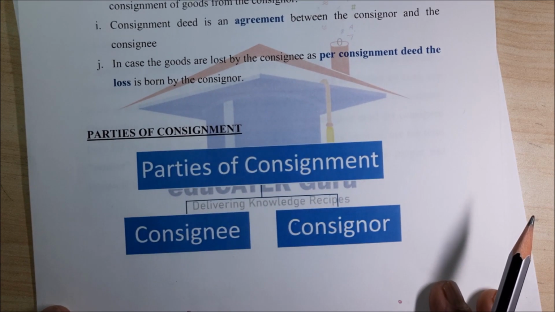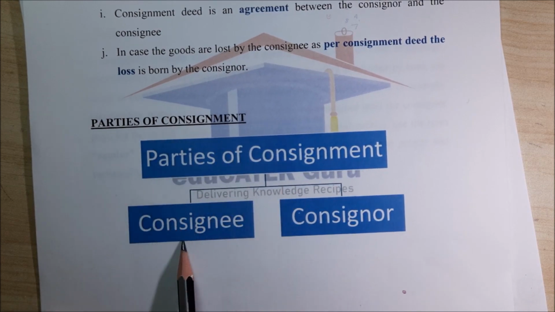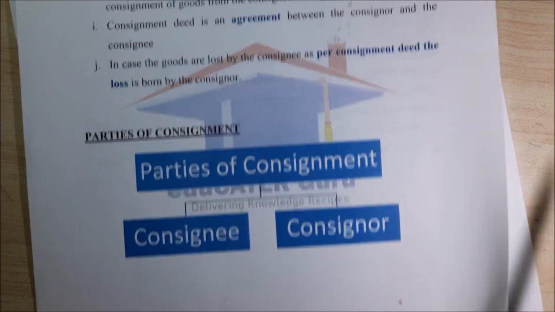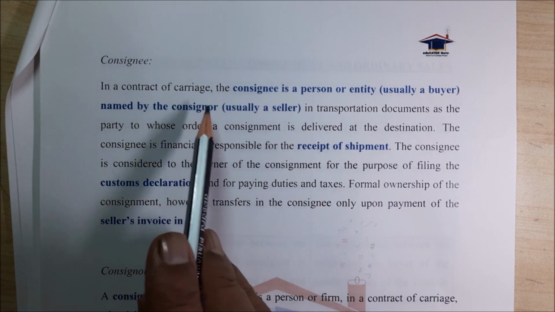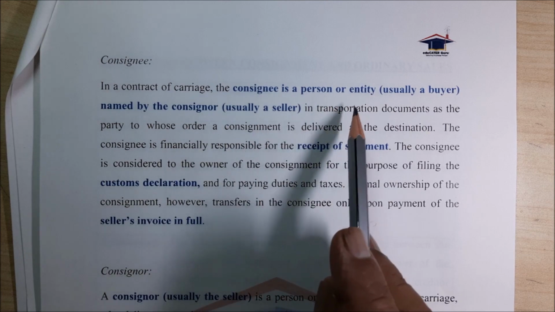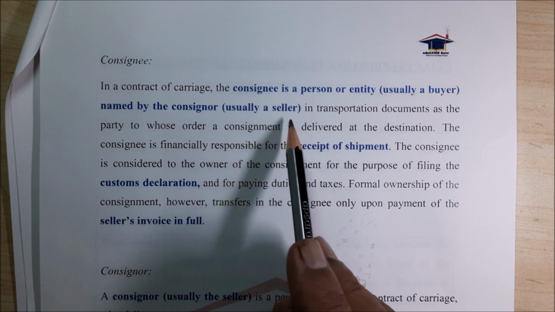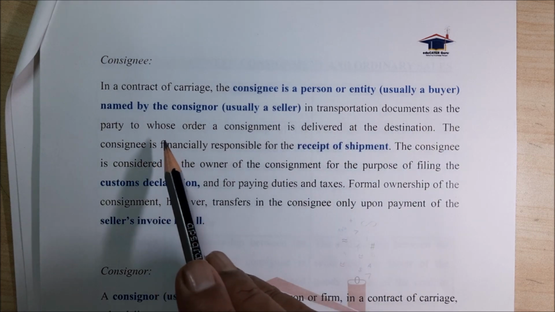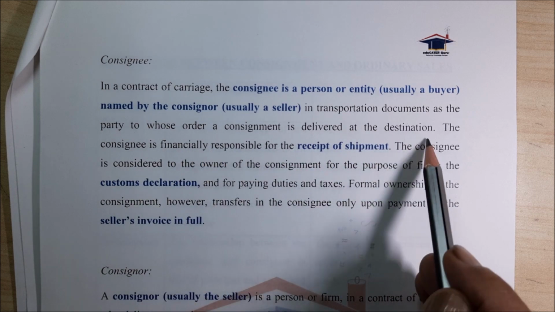Here I have given you a small chart, the parties of the consignment, that is consignee and consignor. You can say they are called principal and agent. I have already explained the consignee. In a contract of carriage, a consignee is a person or entity, usually a buyer, named by the consignor, usually a seller, in transportation documents, to whose order a consignment is delivered at the destination.